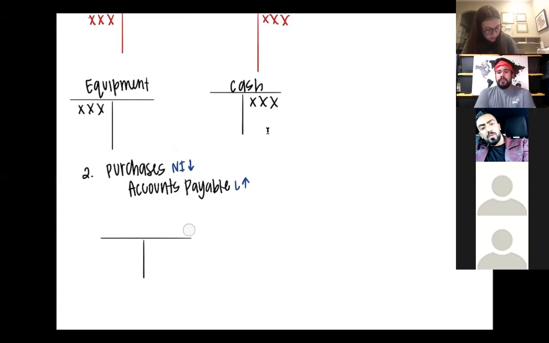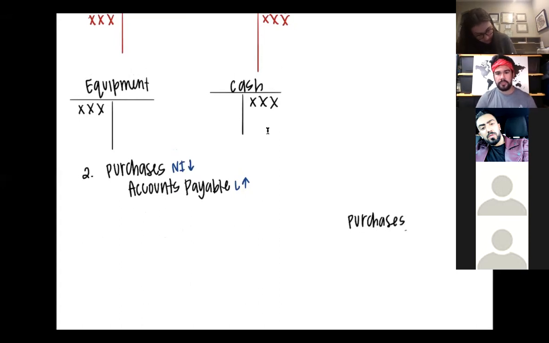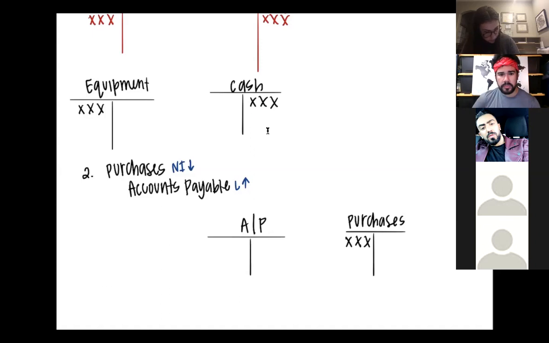Oh, you know what? I just remembered how he did it. It's like assets, liabilities, and net income, right? So purchases go over here, and we debit those. And then accounts payable, and we credit that. So let's go with assets first.